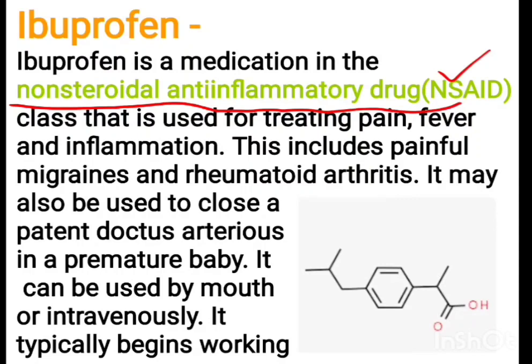So this includes painful migraines. Obviously we know the people who have the problem of migraines feel so much pain in the back of their heads. So migraine pain can be reduced by using ibuprofen.